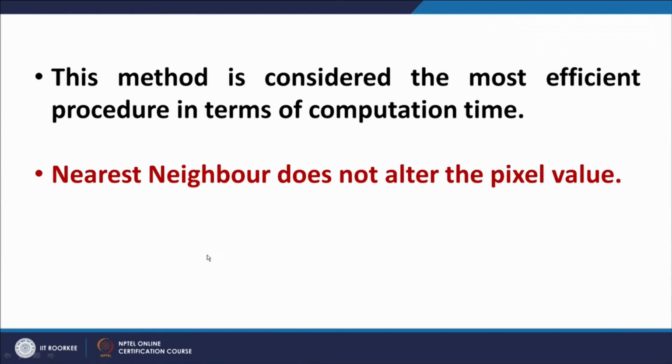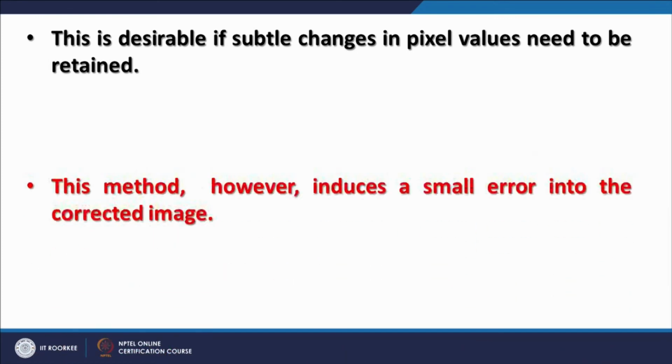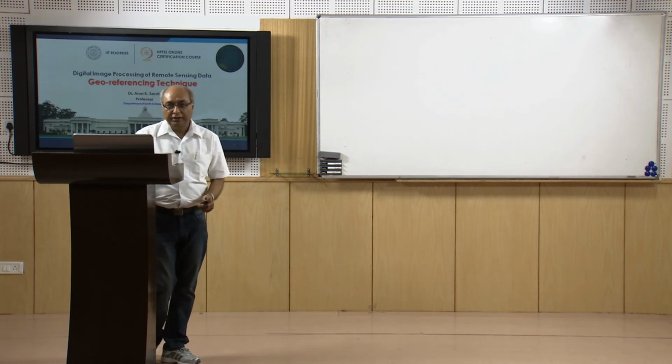So nearest neighbor does not alter the pixel value, and this is desirable if subtle changes of image values need to be retained. That, as I have said, in case of classification or some other, we don't want to lose the image quality, we don't want to deteriorate the image, and therefore the nearest neighbor is the best suited in such cases.